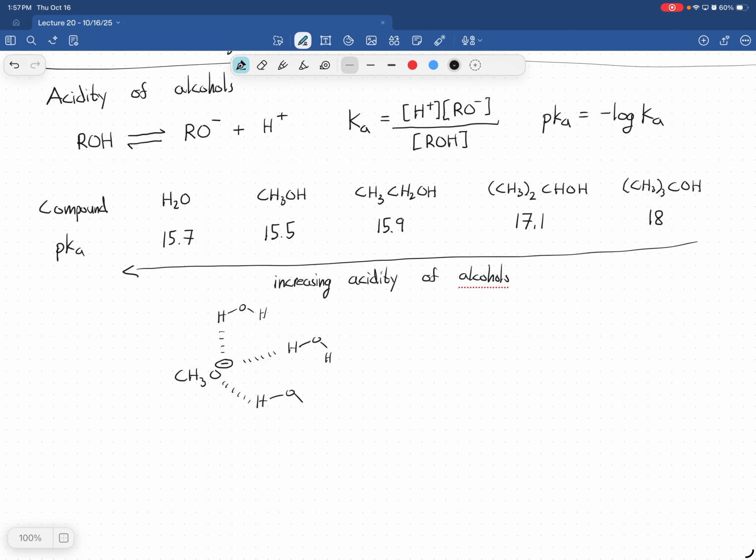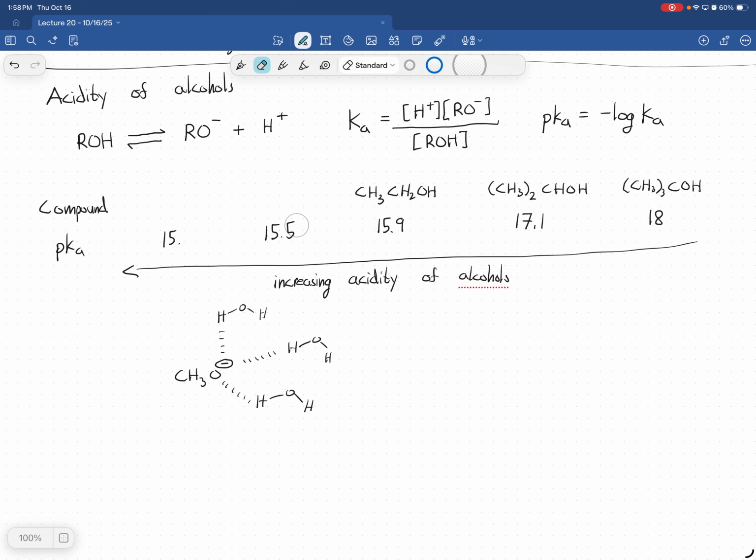But the compounds that have the pKa of 15.7 and 15.5, is it intentional for them to be in that order? Yes. So maybe let's reverse it a little bit. They're so close together, they're essentially the same. But we can rewrite it in this order.